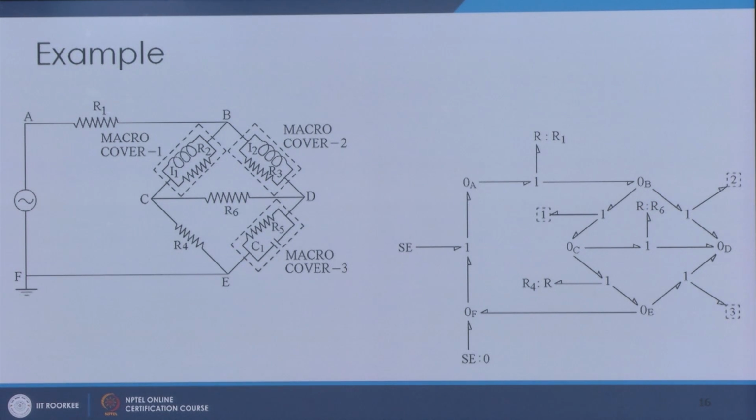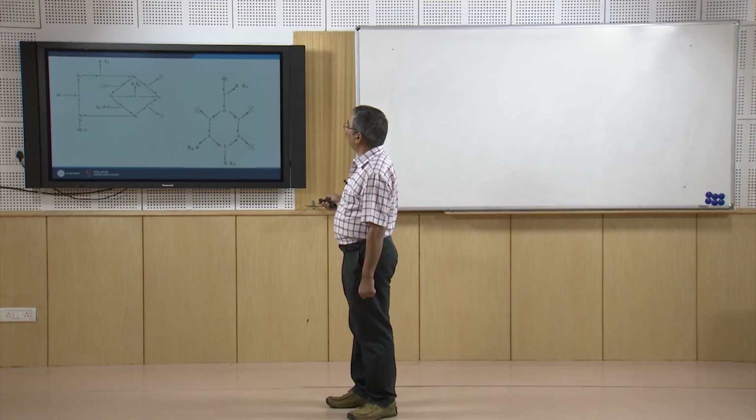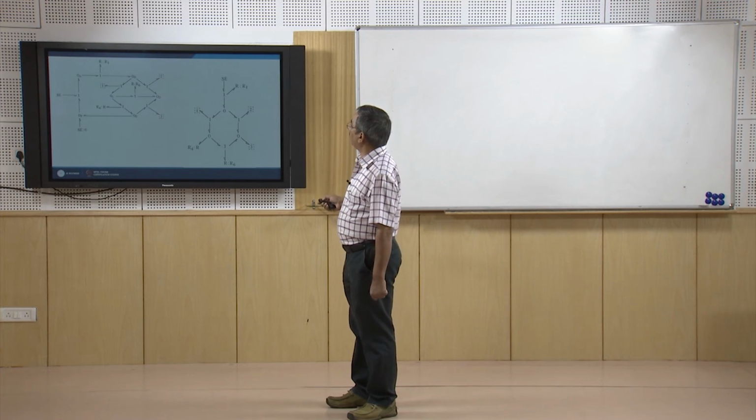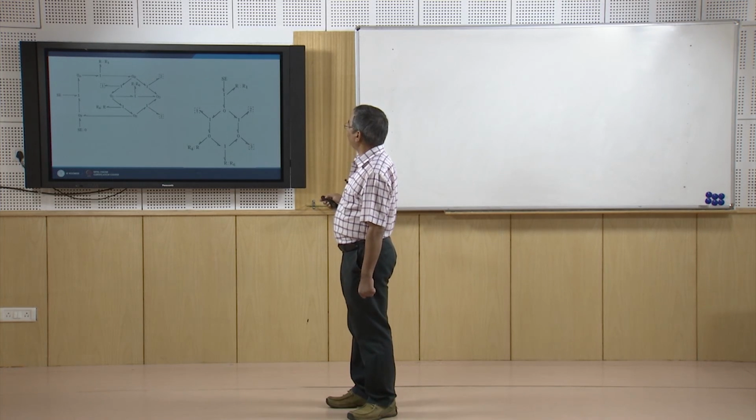And here this F is subjected to a 0, it is grounded, so we have to put the 0 voltage across here. Now, you see that I can apply the method of gradual uncover in order to uncover the parts 1 and 2 here, 1, 2 and 3 here.